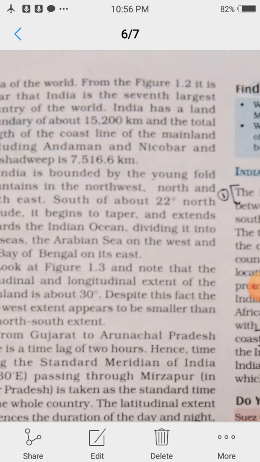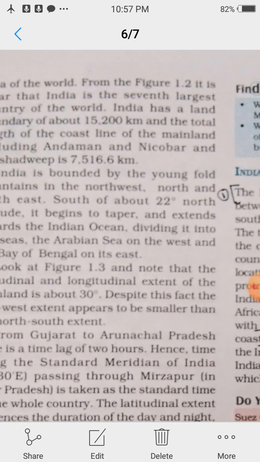India has a land boundary of about 15,200 kilometers, and the total length of the coastline of the mainland, including Andaman and Nicobar and Lakshadweep, is 7,516.6 kilometers.